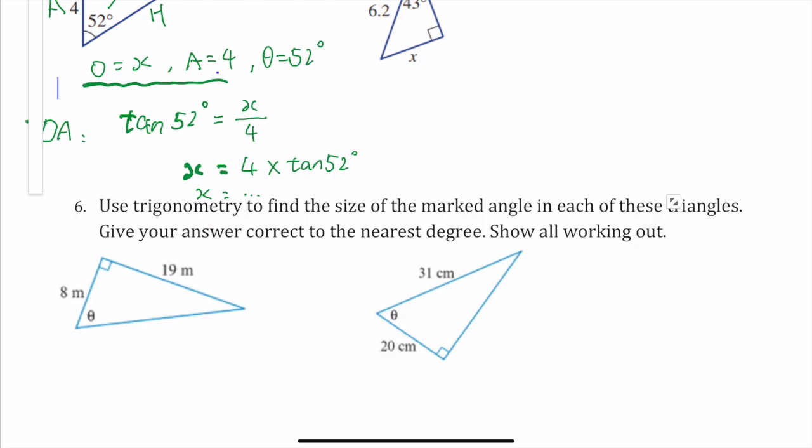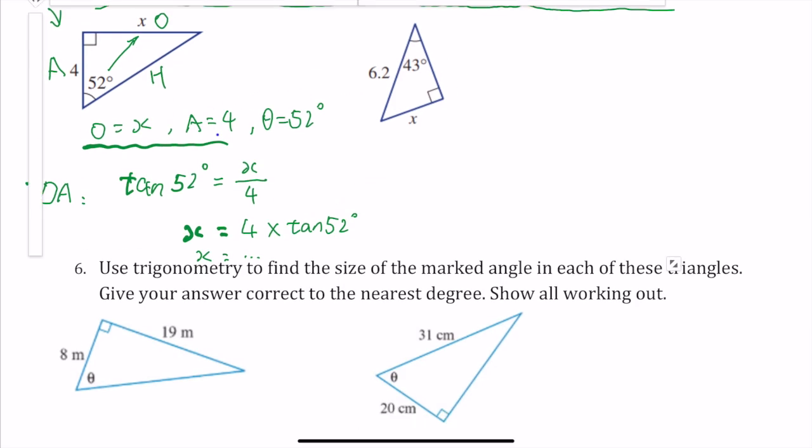Next one. First, you are going to label hypotenuse here. This is opposite and this is adjacent. Hypotenuse equals 6.2. The opposite equals x, and theta equals 43 degrees.